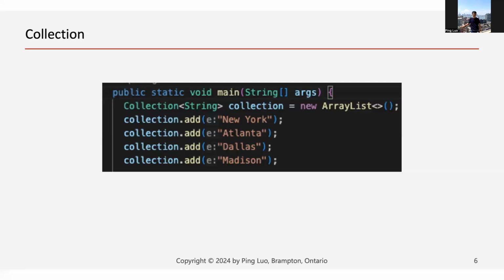We can actually change this. If it's an array list, which means it's a simple list, we can change it to linked list or stack, and it will become another type of data structure.